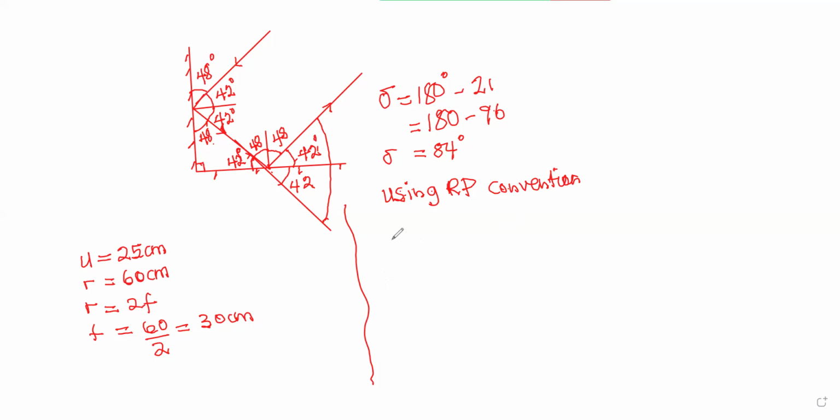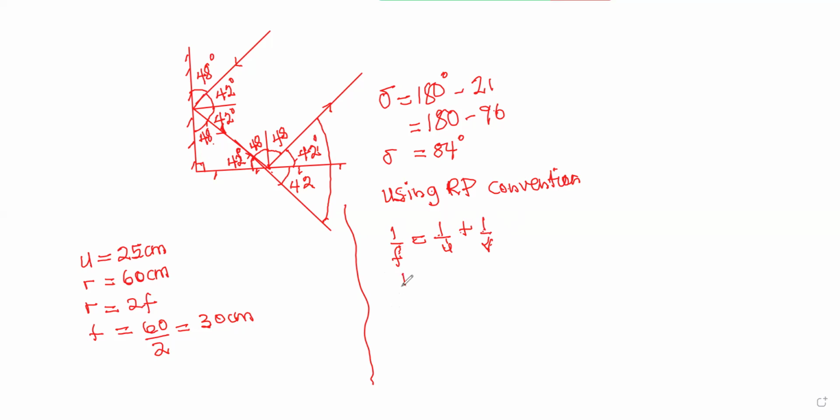So 1 on F is equal to 1 on U plus 1 on V. For a concave mirror, the principal focus is real, so F is positive.